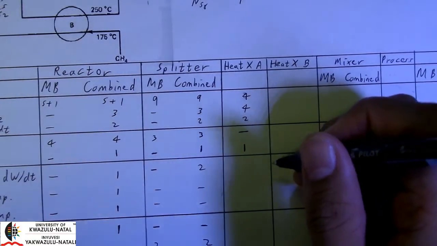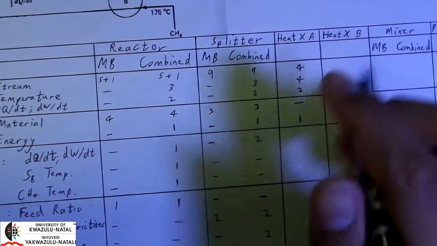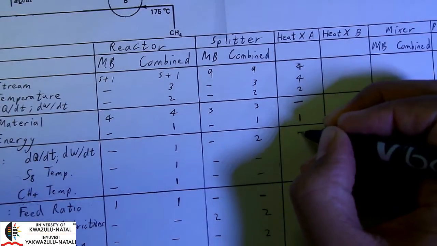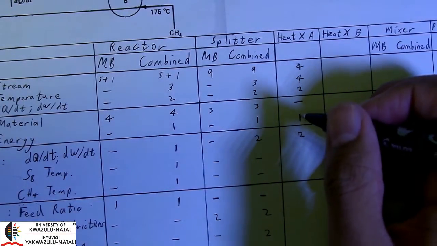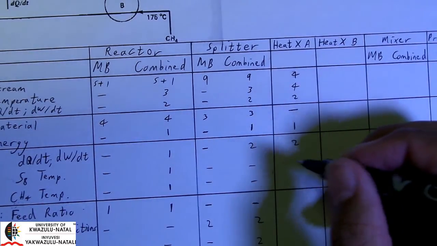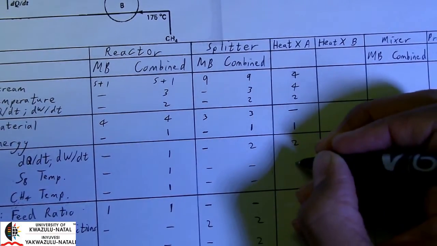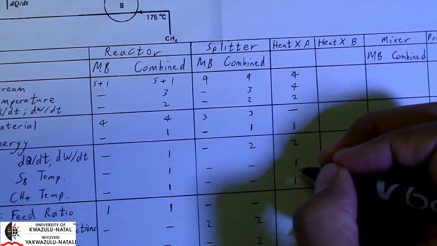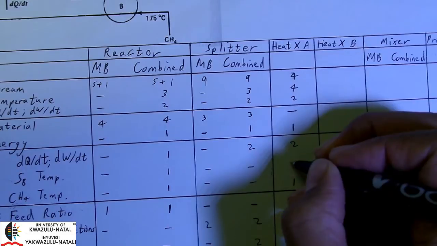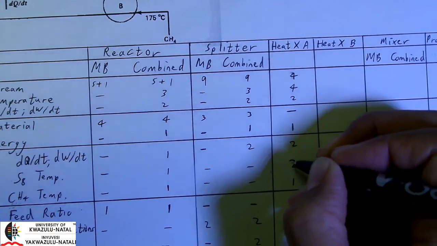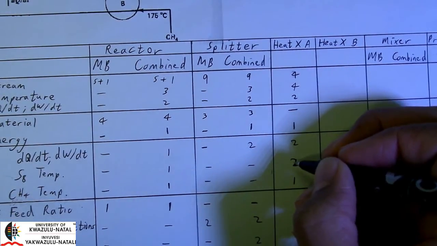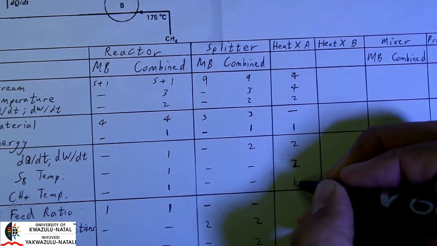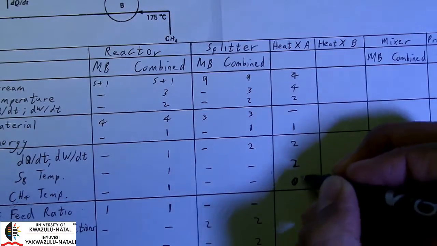Now in terms of number of specifications, we can assume that dQ/dt and dW/dt are 0, so that counts for 2 specifications. We also know the sulfur temperature, the inlet and the outlet, so that will give me 2 there. This methane temperature doesn't really apply, so that's 0.